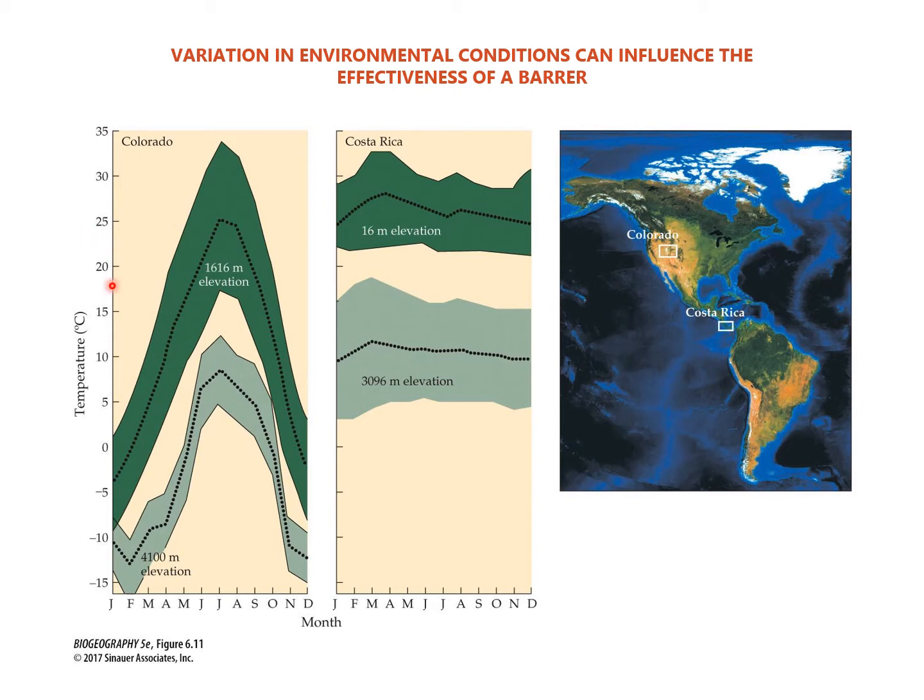If we look at the temperature differences, what we have here is the temperature range, the mean and probably the standard deviation shaded, for a mountain down here, and then ground level down here, over the time of year. So this is each month, the average temperature and then the variation in temperature.